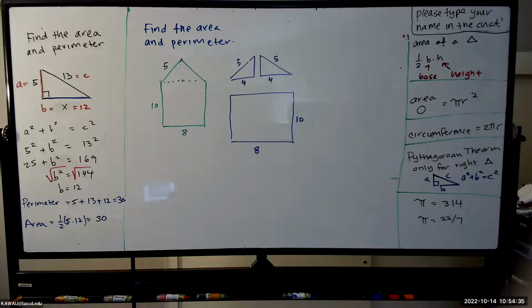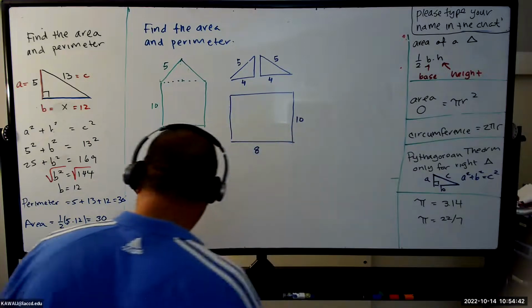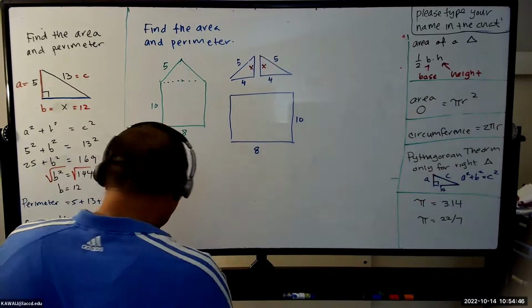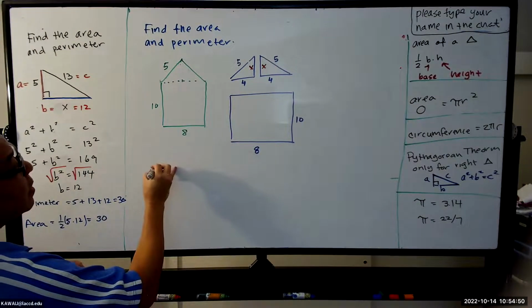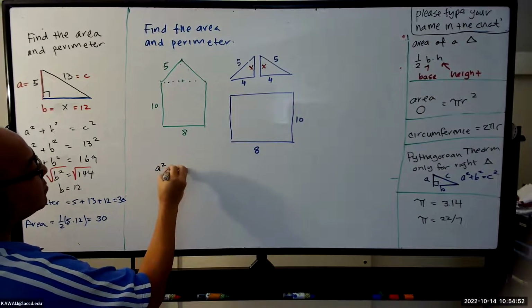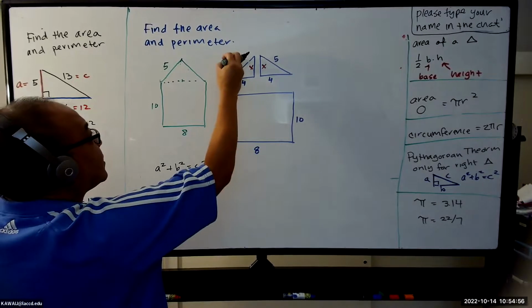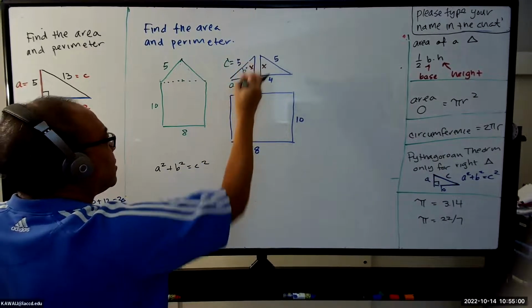Okay, so let's take a look at this. So over here, we want to find what x is. So we have a squared plus b squared is equal to c squared. And we're going to have this equal to c, this is equal to a, and this is going to be b.